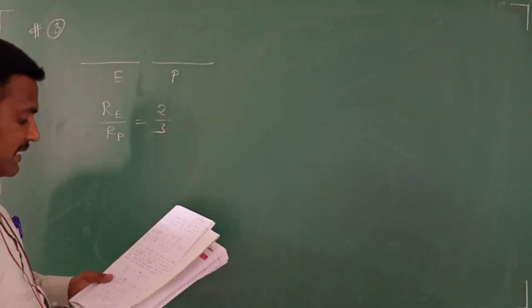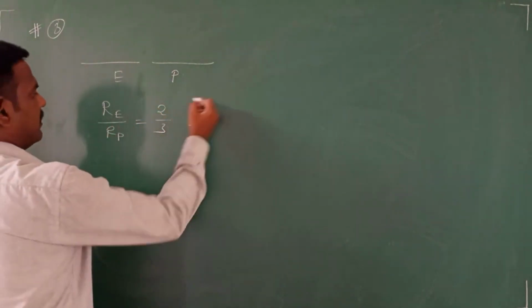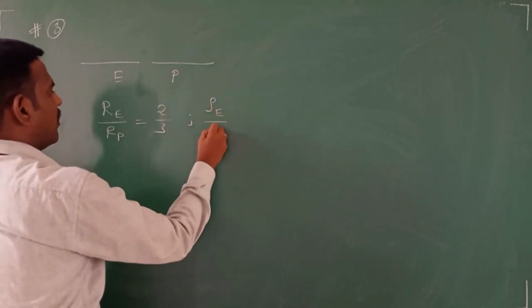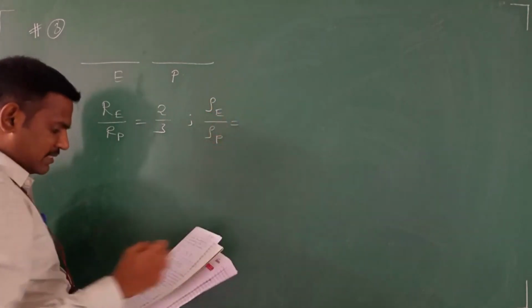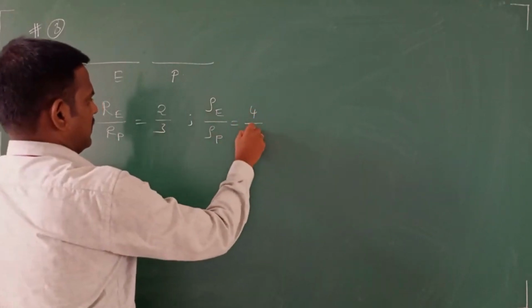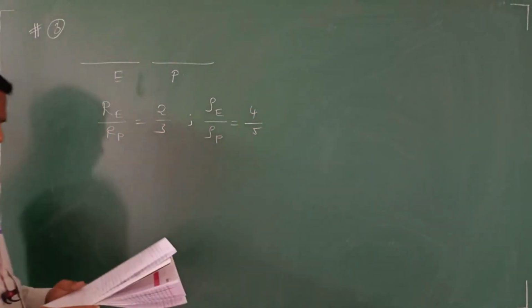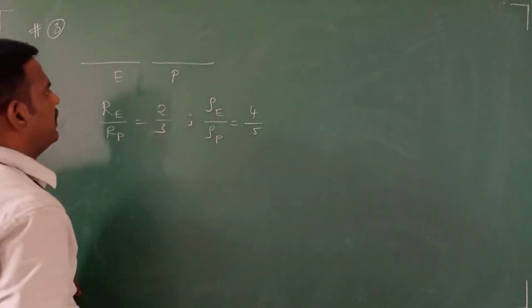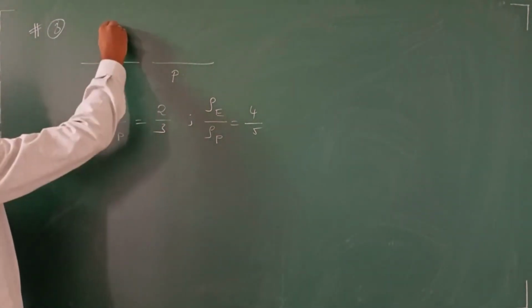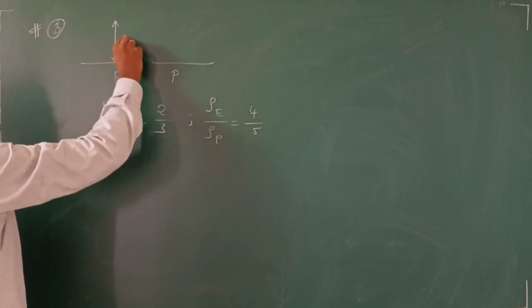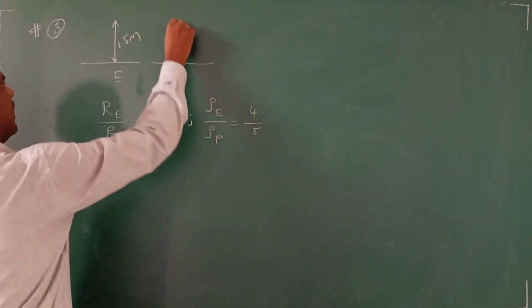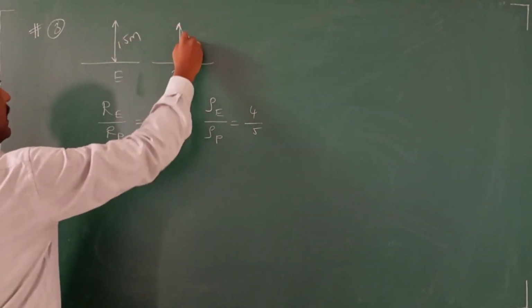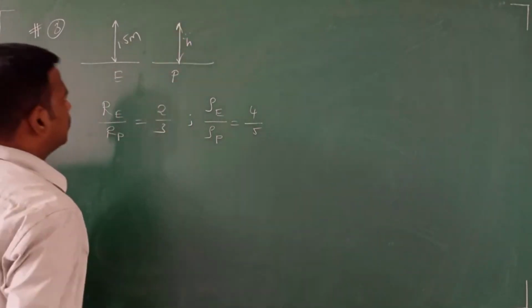And the mass density ratio, rho E upon rho P, is 4/5. Now, if the astronaut can jump to a maximum height of 1.5 meters on the Earth, to what height will the person on the planet be able to jump? This is the question.